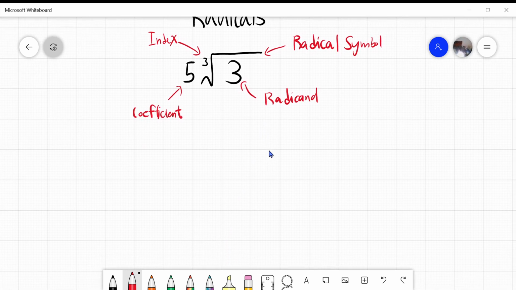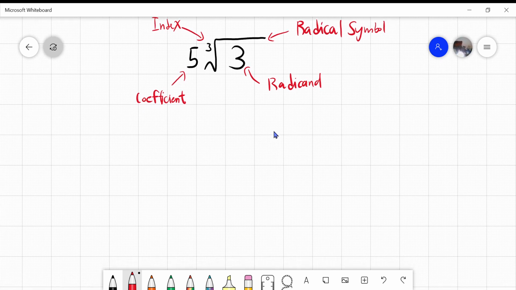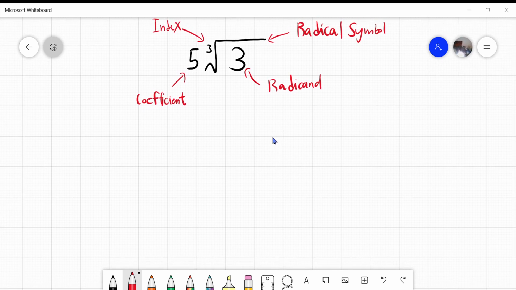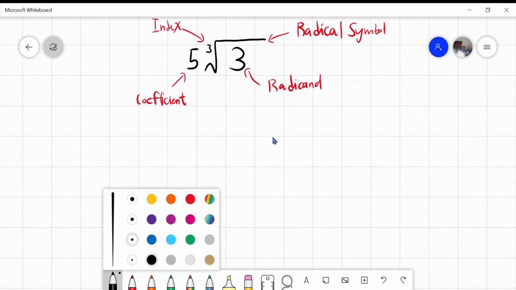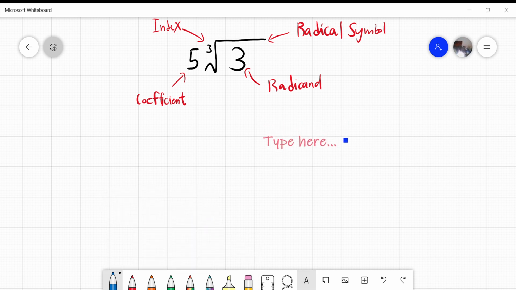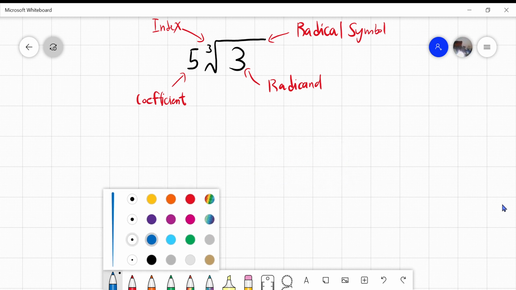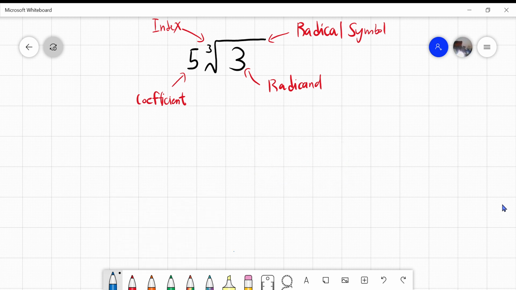So, how do we use radicals? When manipulating radicals algebraically, there is really one simple rule we must know. So, here's what we do.